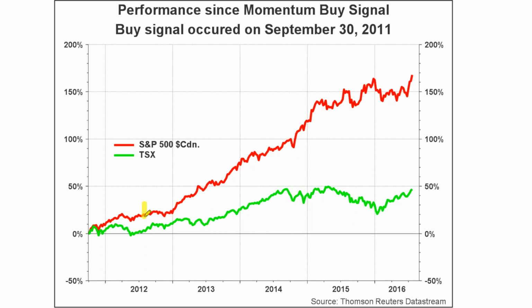So you can see here, if you're selling the US market on a regular basis because its block of the portfolio is getting too large, and you're buying the Canadian with the money, you're going to give up a lot of the gain of the US market by doing that. And it goes against momentum theory.